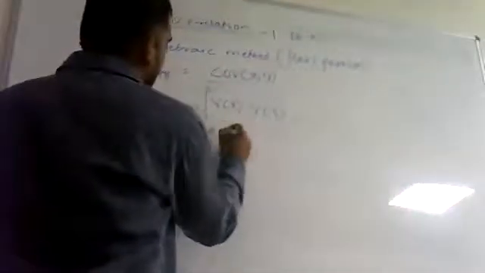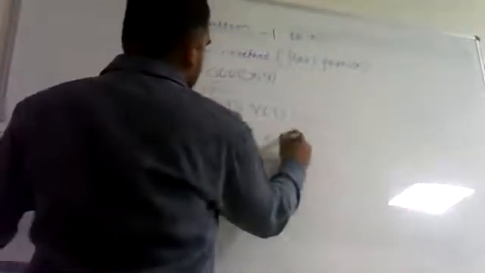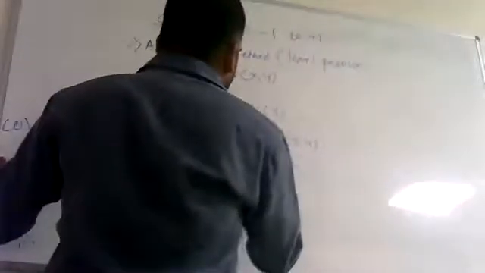It is the formula for covariance of x and y. So the formula is summation of xy minus summation of x into summation of y divided by n, whole divided by n minus 1.